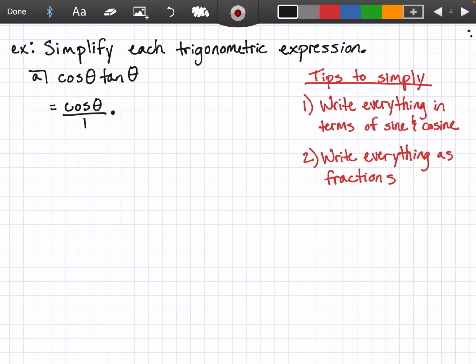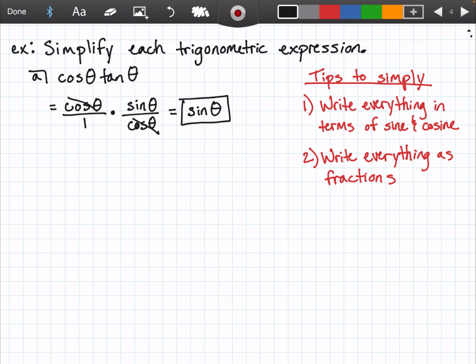Now, it's being multiplied by tangent of theta, but the identity that I just learned is that tangent is the same as sine theta over cosine theta. Now I have a bunch of multiplication and division. Well, I can see that these cosines are going to cancel each other out, which just leaves me with sine theta. And that's it.